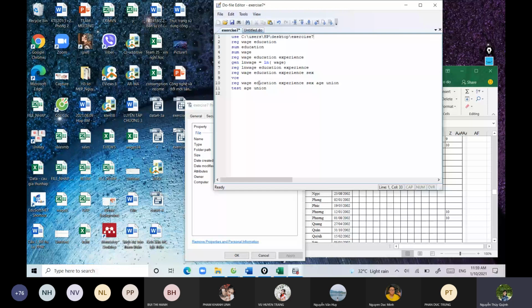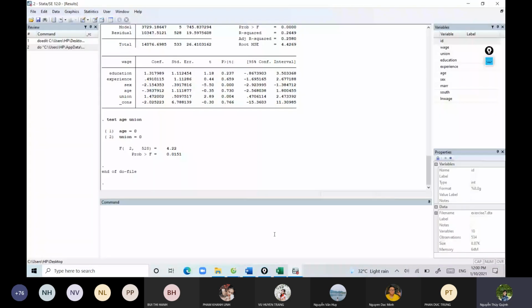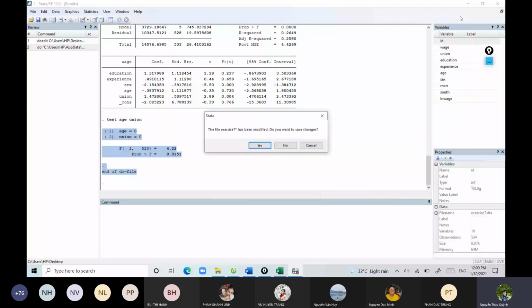We will ask Stata to execute this. Where is it? Here. To execute this. All right, now let's see what do we have here. Oh, can you see it? All right, so I will do it again. Now, oh, cancel.